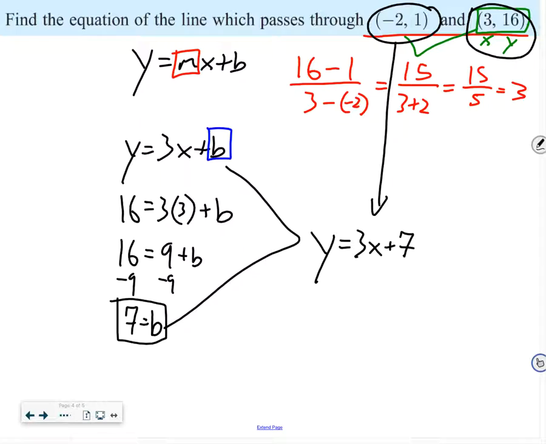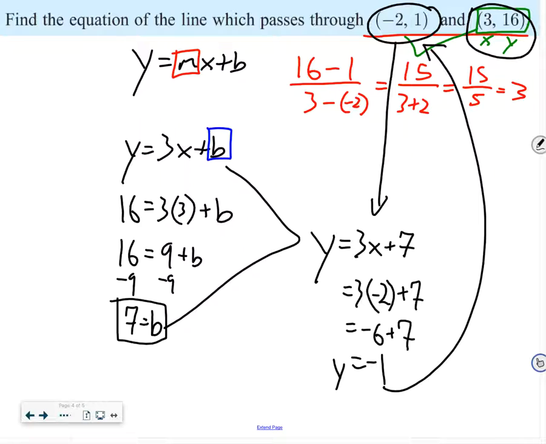So if I plug in 3 times my x being negative 2, plus 7, 3 times negative 2 is negative 6 plus 7. Okay, negative 6 plus 7 is negative 1, which is my y value. That's the same as this y, so it's checked. I know that this equation satisfies both points.